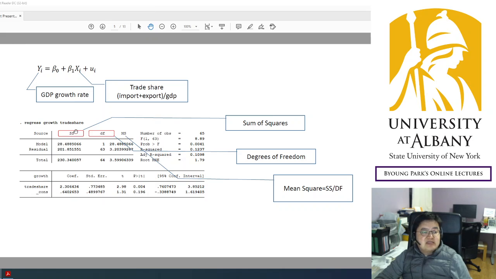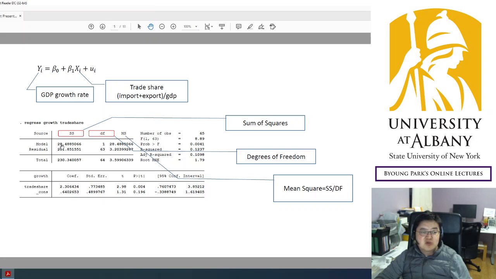And let's think about those things. SS stands for sum of squares, df stands for degrees of freedom, and MS stands for mean square, which is simply calculated in this way: sum of squares divided by degrees of freedom.